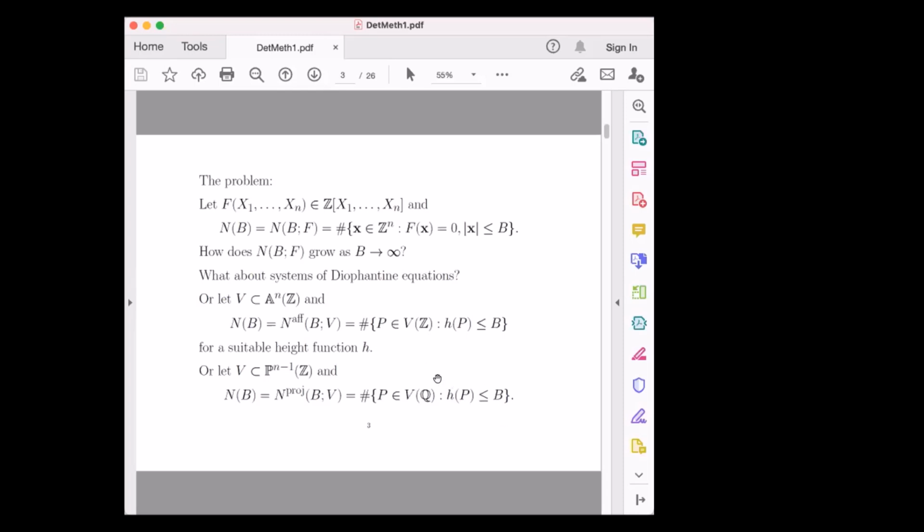So in all these cases, we're thinking probably in terms of Diophantine equations or varieties that have infinitely many points, and one wants to know something about the growth rate of the associated counting function.